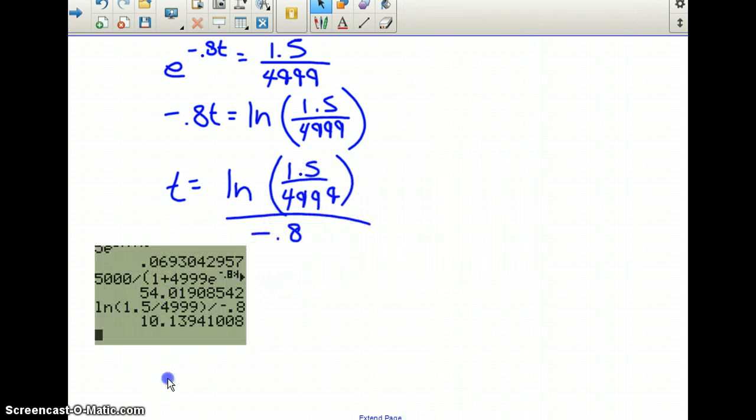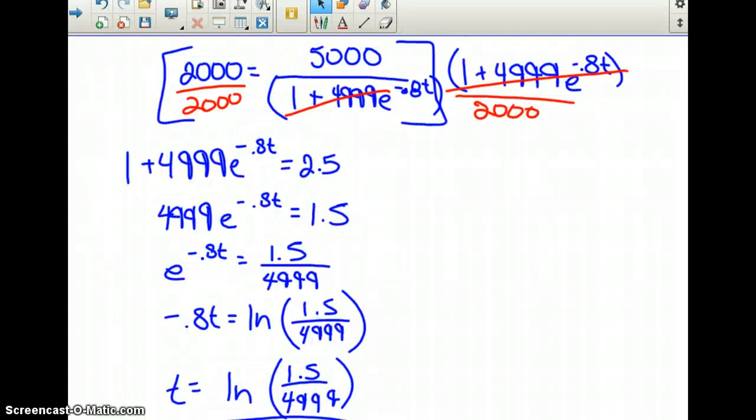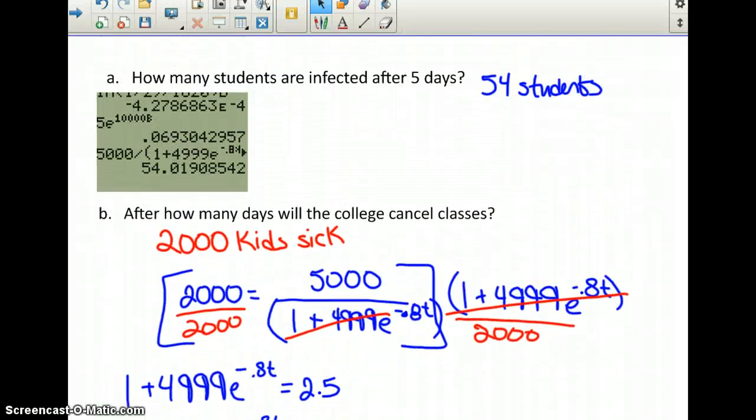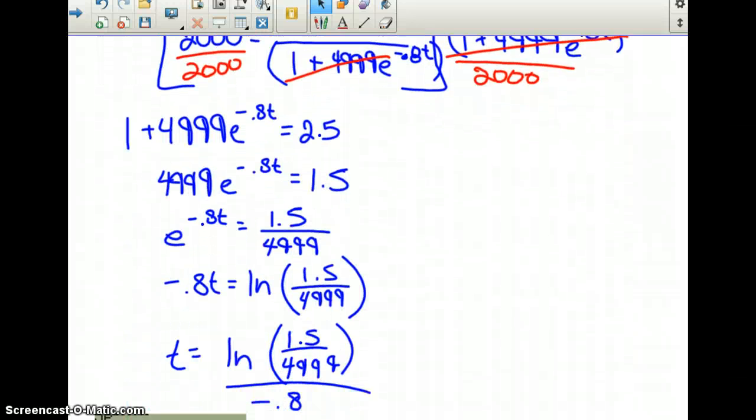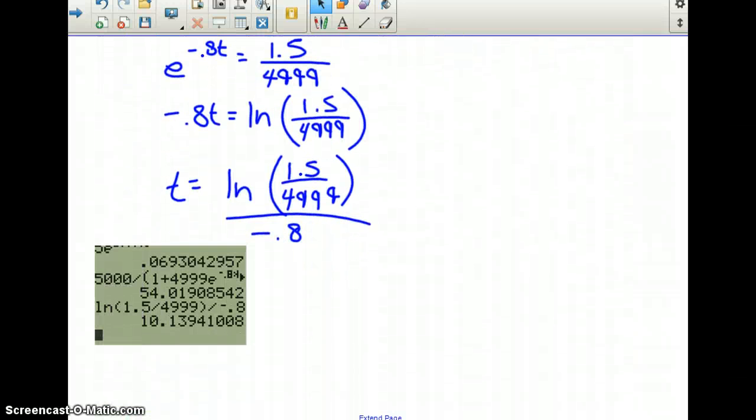So notice, we went over the course of 5 days from having only 54 students infected to having 40% of the student population, 2,000 people, infected.